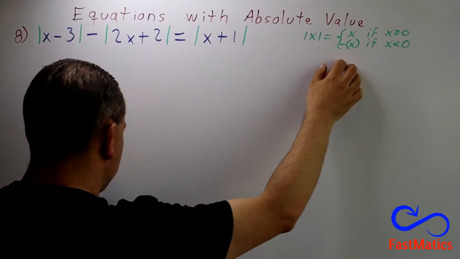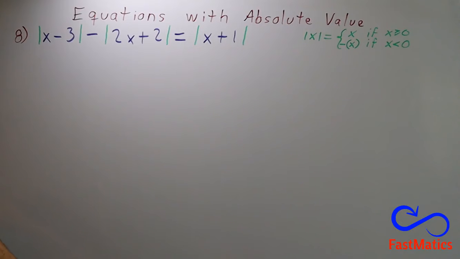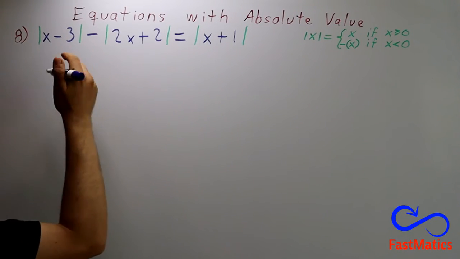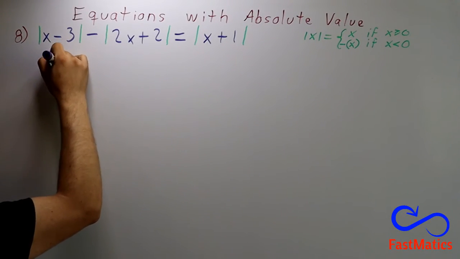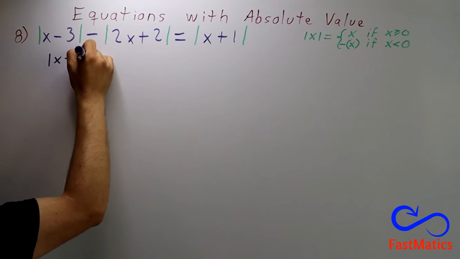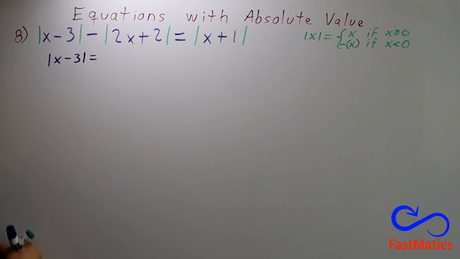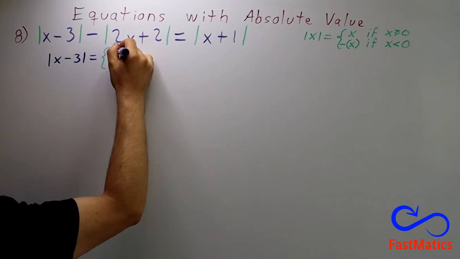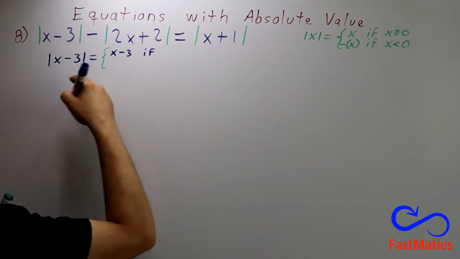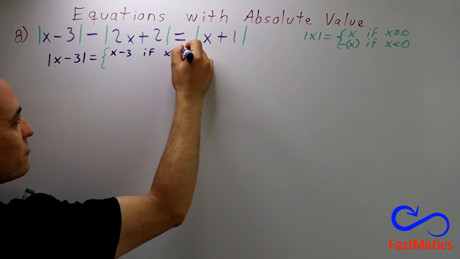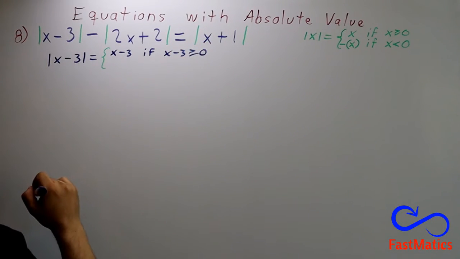If we follow this, we are going to write for the first absolute value, the absolute value of x minus 3 will be equal to this expression that is inside the absolute value if the expression that is inside the absolute value is greater than or equal to 0.